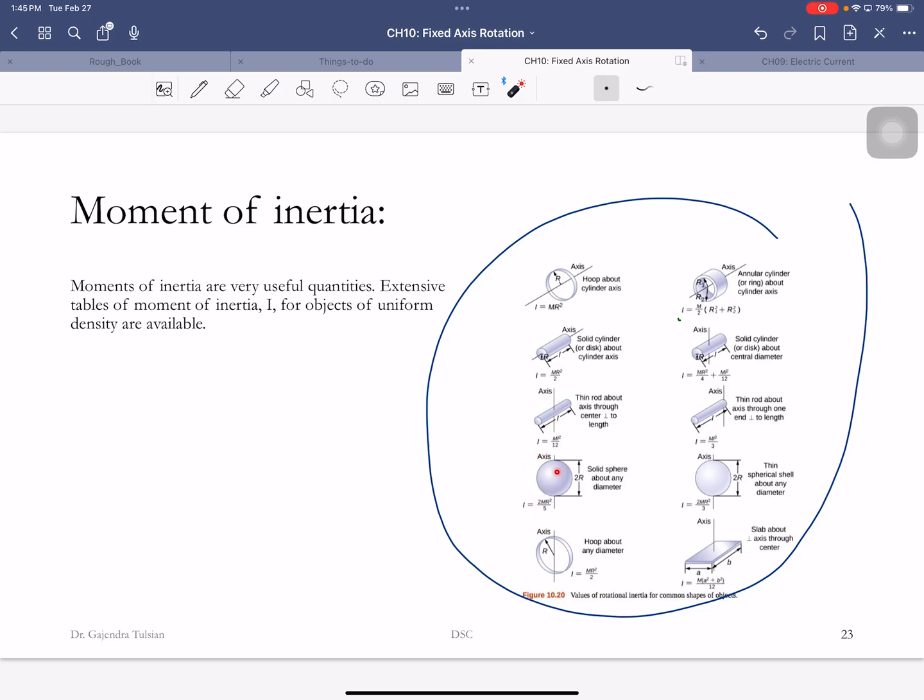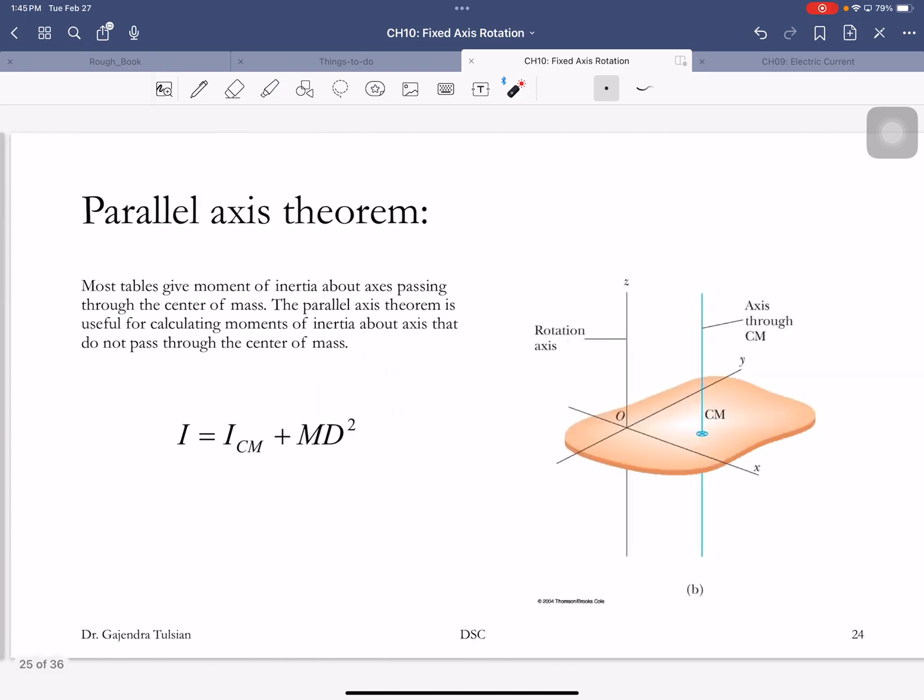The moment of inertia of a solid sphere, a bowling ball, is 2/5 mr squared. Of a thin spherical shell, that's a basketball, it's 2/3 mr squared, and so on. So they give you these moments of inertia.